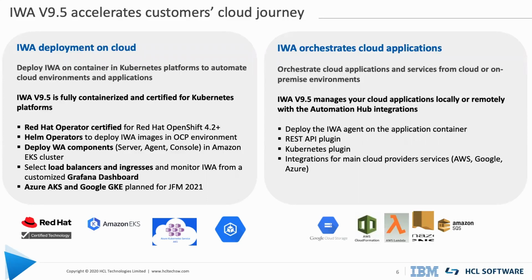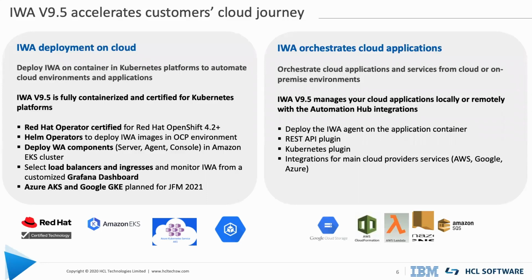But you can also have a separate container for your agent and then remotely manage other containerized applications through either the REST API plugin that we have on the Automation Hub, or the Kubernetes plugin that starts and stops containers on Kubernetes platforms.